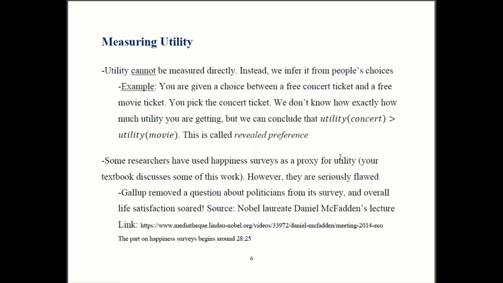So when Gallup chopped out this one question from their survey, overall lifetime happiness soared. That doesn't sound right. This one question about politicians should not have a big impact on your overall lifetime happiness. It might affect your happiness in that one particular moment, but they ask you about overall lifetime happiness, so that effect should have been pretty negligible. That indicates that the order of the questions can substantially change the results.